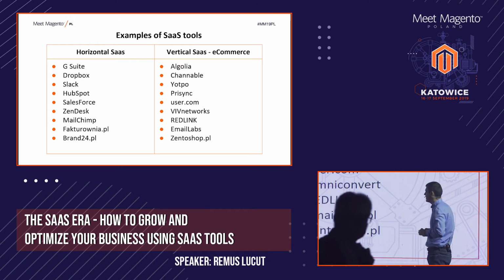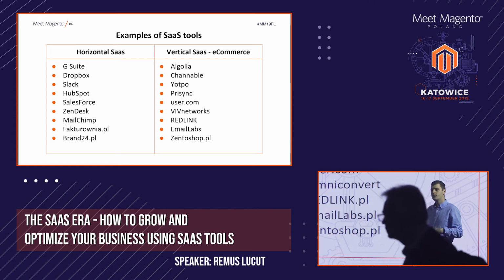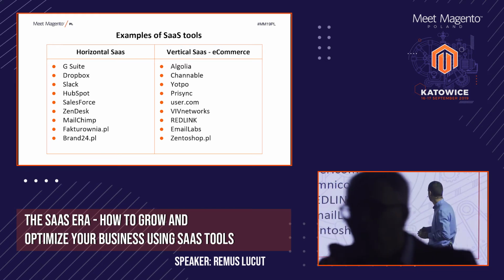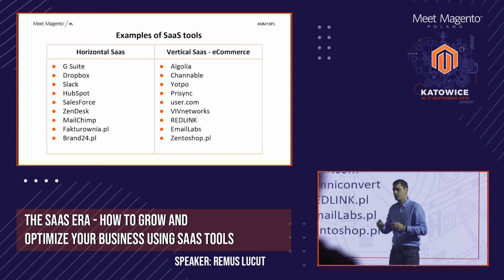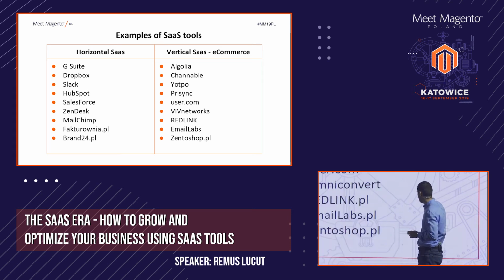If you see, there are some tools that can offer you different advantages based on your industry, based on your category niche of products. For example, Algolia is a search engine based on a SaaS model. Channelable is a solution that would help you to interconnect with different selling channels from other countries, like marketplaces, product aggregators, and other syndication platforms.